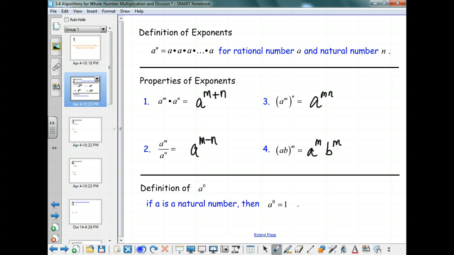It kind of feels like it's a distribution thing going on, right? Okay, it's not distribution, it's actually just a repeated multiplication feature, but we can actually put the exponent on each individual factor. And then there's this definition down here that you have probably seen before, and I'm going to talk a little bit more about why it works later too. I'm not sure if that's this class or if it's later, but if you have a power of 0, then anything to a power of 0 is value 1. Okay?